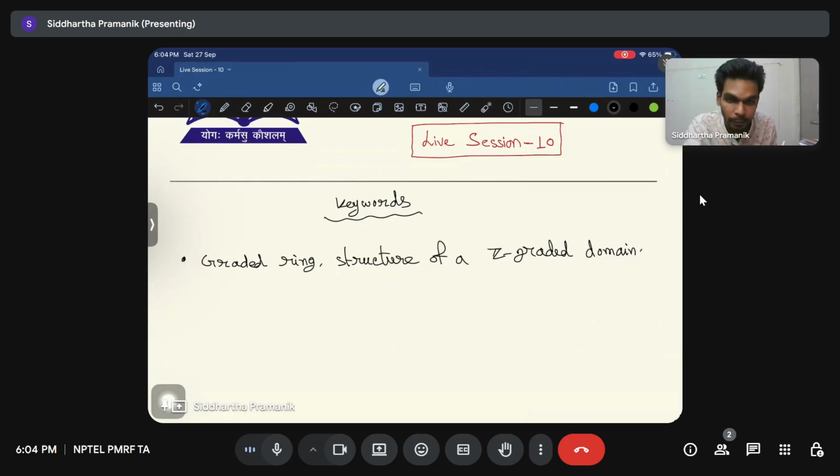And after that we studied some properties of the graded rings in terms of dimension and other things, and basically the graded version of some standard results like Nakayama's lemma and height of a prime ideal, all those things.